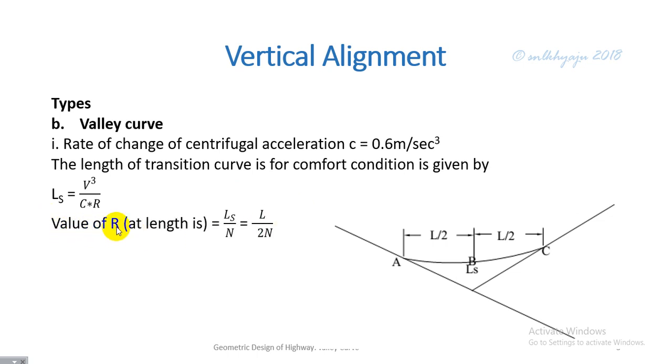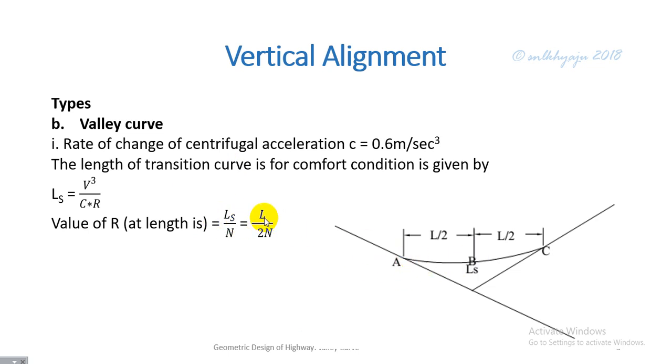Therefore, the value of R, that is the radius at point B, is Ls by N. Here Ls is the length of the transition curve, that is A to B.